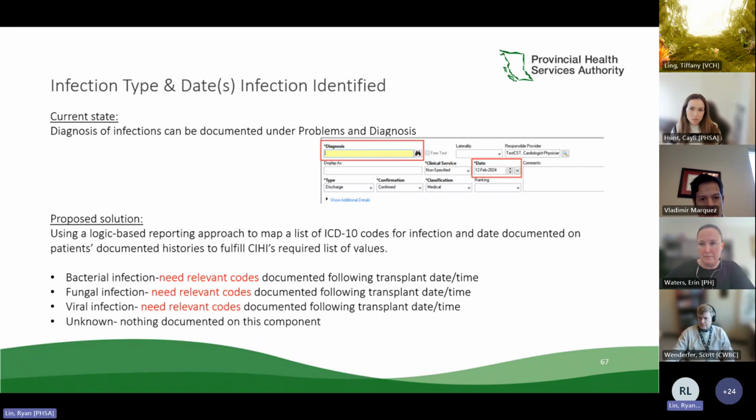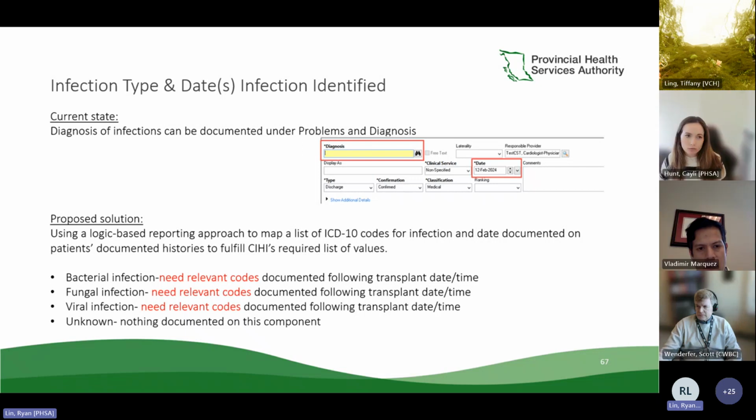Could any other programs speak on perhaps any variations to that issue? Yeah, Josie? Yeah, we're like Erin with the kidney program. Some of our patients, because they are lifelong and some of them do get infections quite frequently, we can't always chart on every single infection that they get.